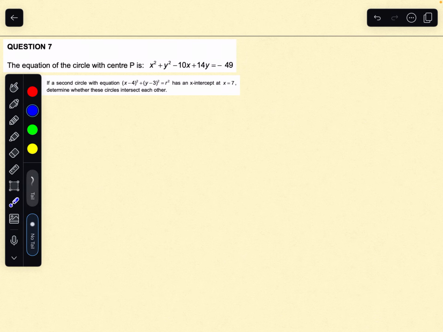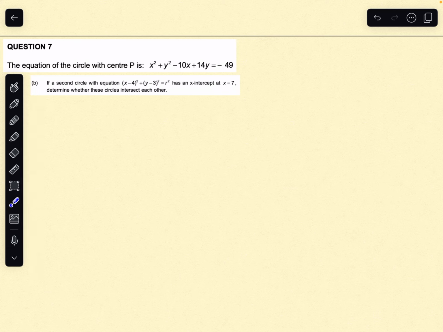In order to determine whether the circles intersect each other, remember that what we're concerned with is the distance between the centers of the two circles and how that relates to the sum of the two circles' radii. There are three scenarios.